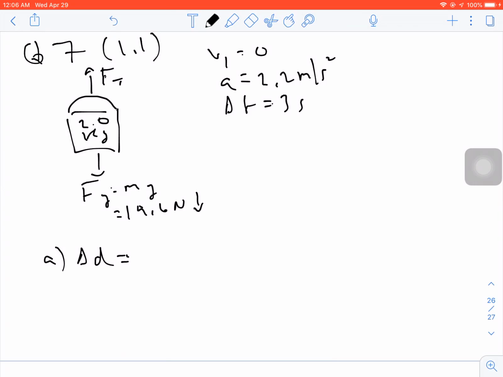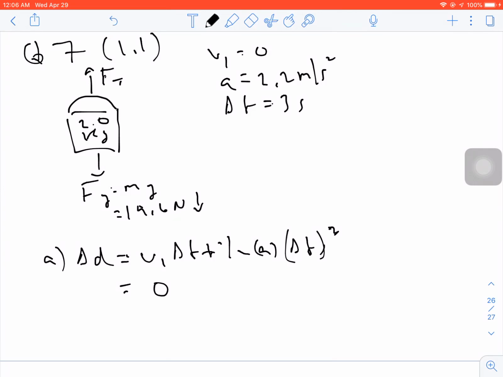So I'm going to use delta D equals V1 delta T plus 1/2 a delta T squared. Historically, everyone in my classes has known that this is my favorite equation, so I always say I'm going to use my favorite equation.